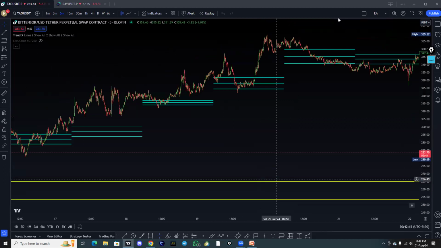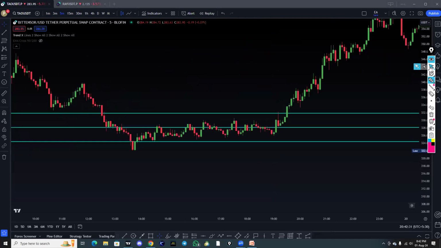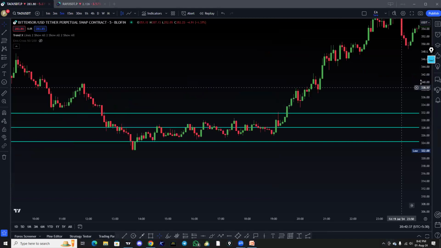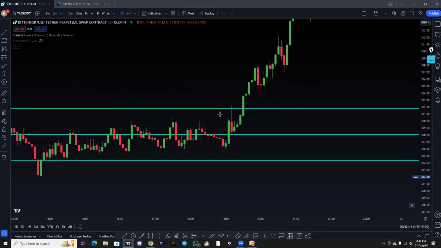Okay, now I'll just show you the candle. Okay, sometimes we see a bullish engulf like this green candle. You remember this.